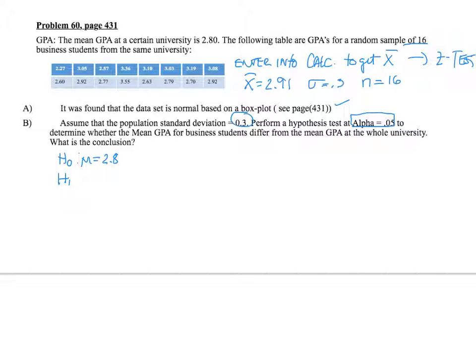H1, it says it differs, so we're going to set up mu is not equal to 2.8. There's my step one. Step two is to do the z-test here.